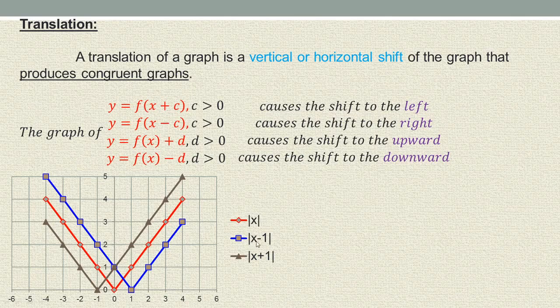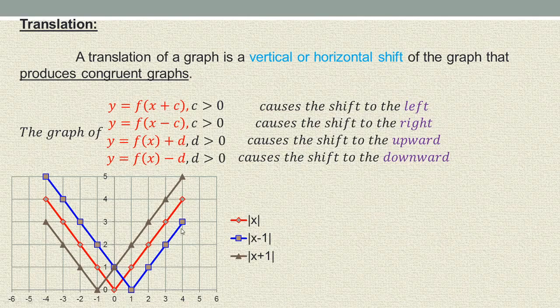Here, this is what? Modulus x minus 1. That means f of x minus 1. Minus 1 is inside the function, so it will come under f of x minus c. It causes a shift to the right. So just compare red and blue.